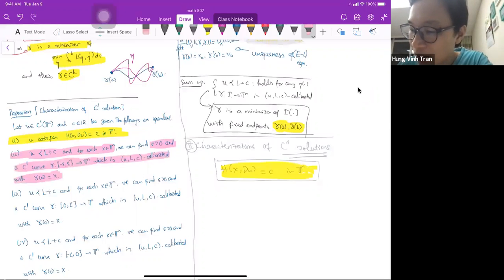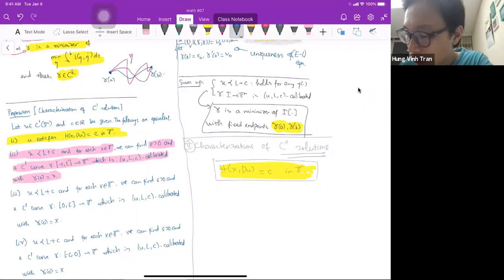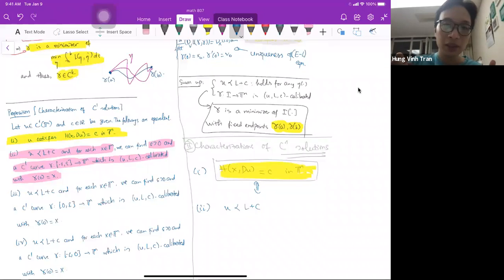On the one hand, U is dominated by L plus C says nothing about a solution to a PDE, right? It just says that U evaluated at the two endpoints is less than or equal to any action functional.